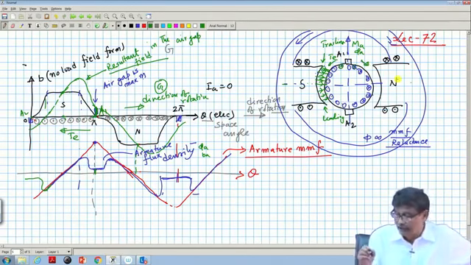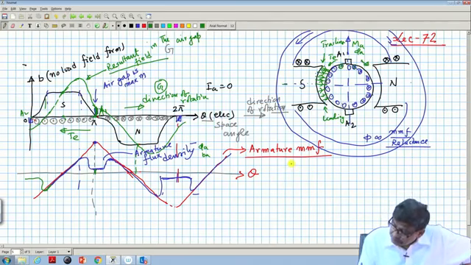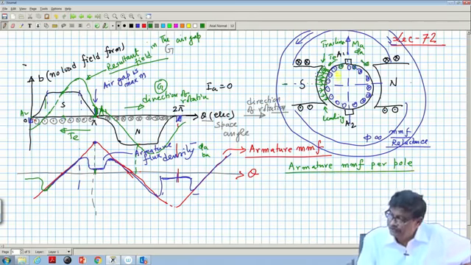How am I calculating? Please listen carefully. Armature MMF per pole. Let us first calculate that.